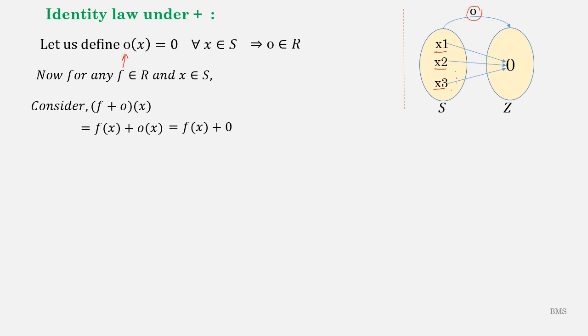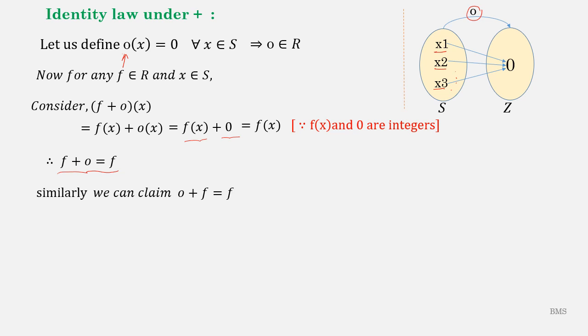And here you note f(x) and this 0, they are integers. Obviously f(x) + 0 is equal to f(x), and what do you conclude? f + O is equal to f.